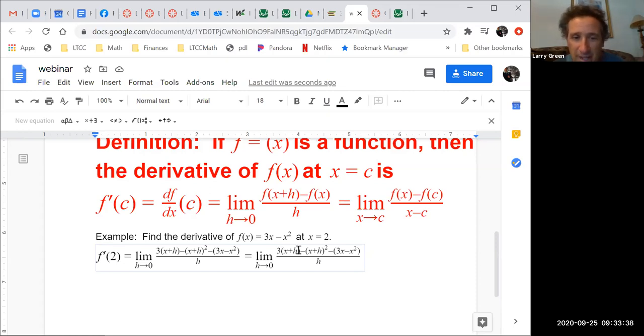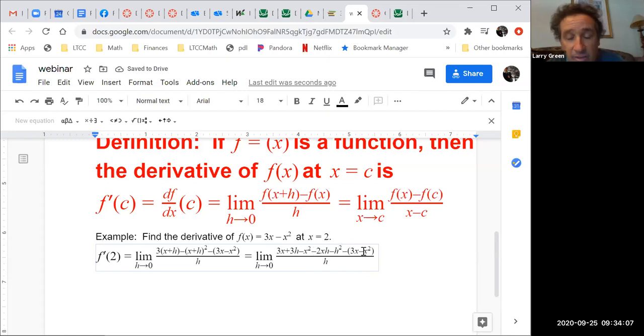So the 3 times x plus h becomes 3x plus 3h. The x plus h squared becomes x squared plus 2xh plus h squared, and we're subtracting it. So it's minus x squared minus 2xh, and then minus h squared.